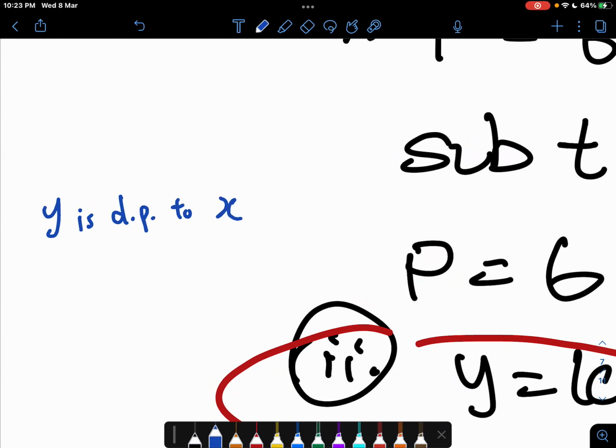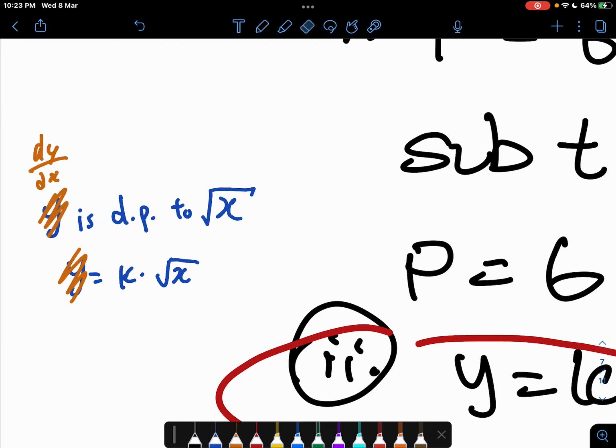Sometimes they make your life difficult with square root x, then it's y equals k times square root x. But here, they are changing the y to dP by dt. I must update the variables according to the question. Adapt according to the question.